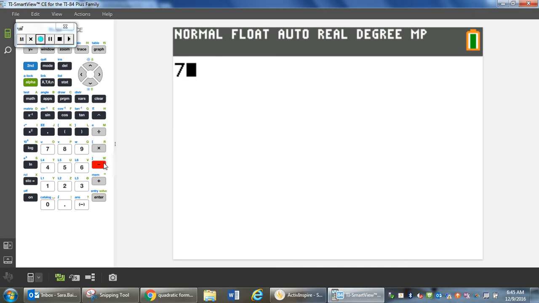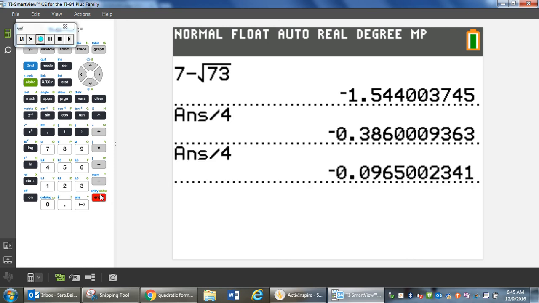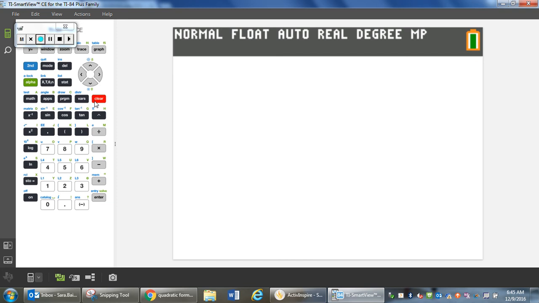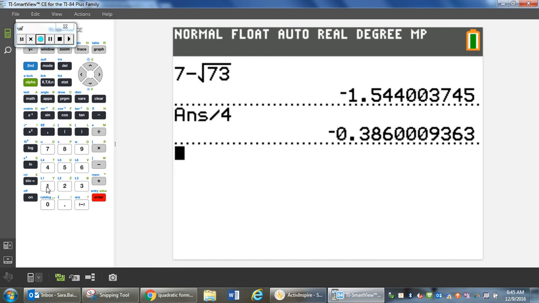Scratch that. 7 minus the square root of 73, enter, divide by 4, because it was 2a. Sorry. 7 minus square root of 73, enter, divide by 4. Okay, so one of your answers is this, negative 0.386.